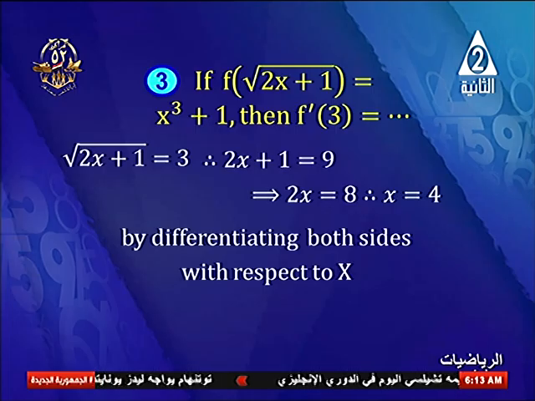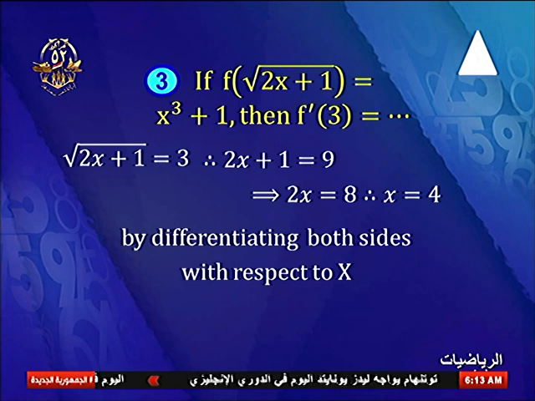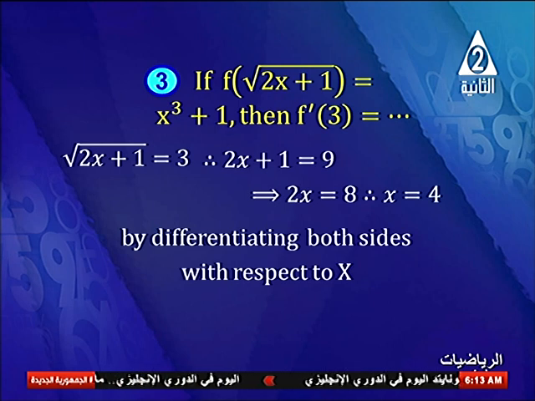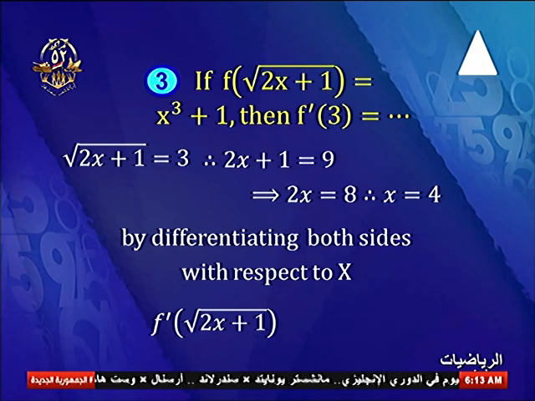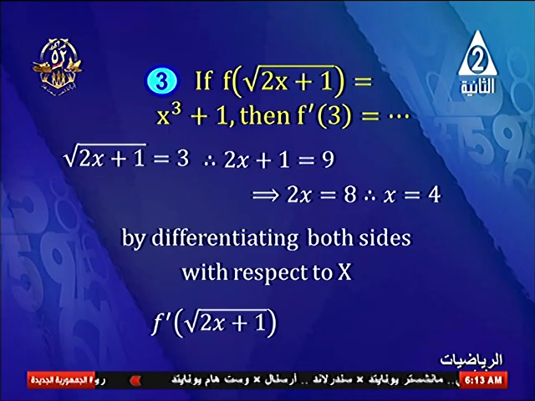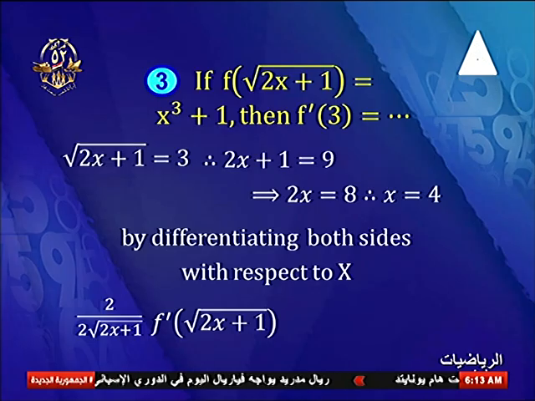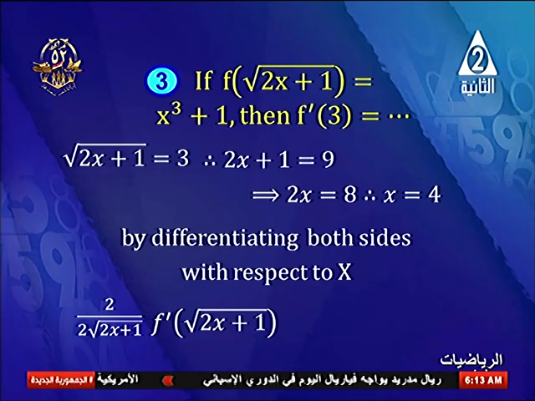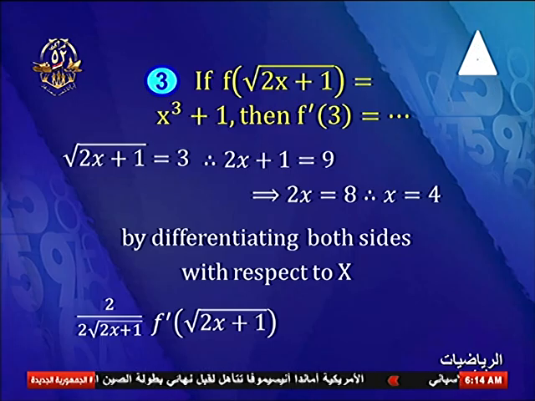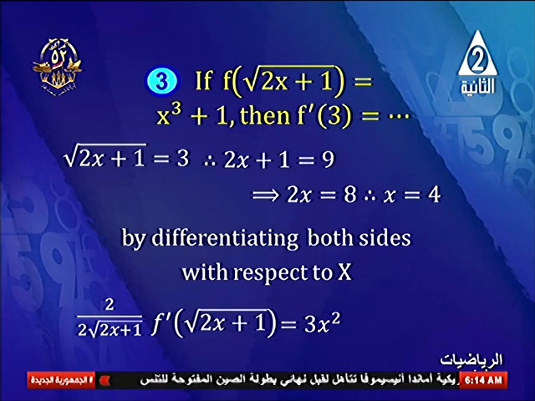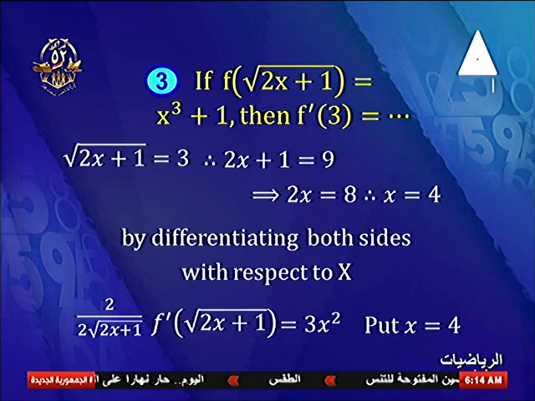In this case, after differentiating both sides with respect to x, we put x equal 4. Look at the left hand side. What is the derivative? F dash of square root 2x plus 1 multiplied by the derivative of the square root, 1 over 2 root, multiplied by 2 in the numerator, equals the right hand side 3x squared, putting x equals 4.